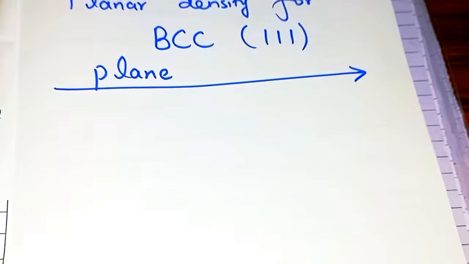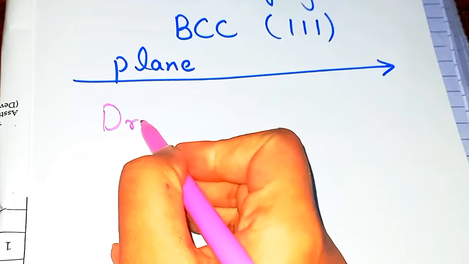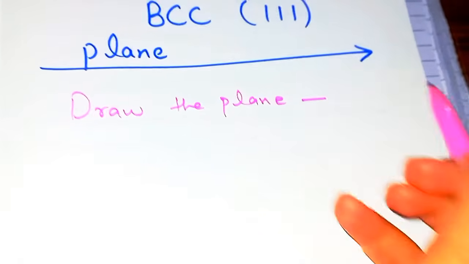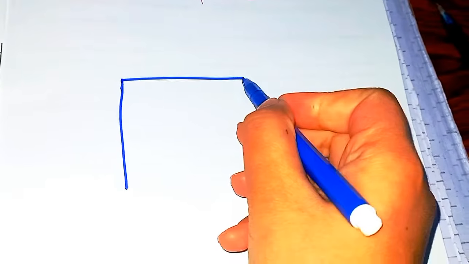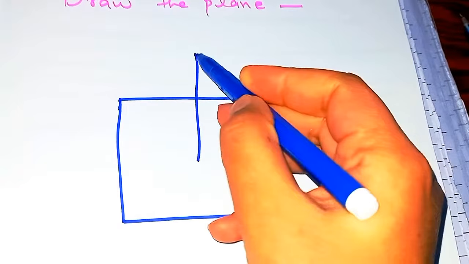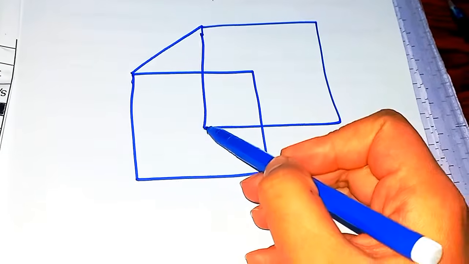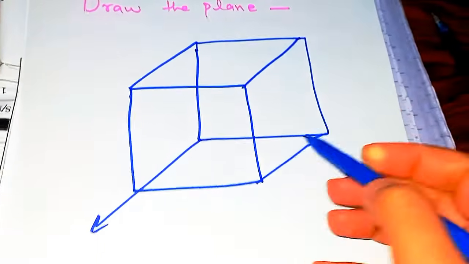And the first thing that we do in calculating the planar density is to draw the plane. Okay, let's start drawing it. So we have the first square box, then another square box, and I hope you know how to draw planes when given Miller indices.